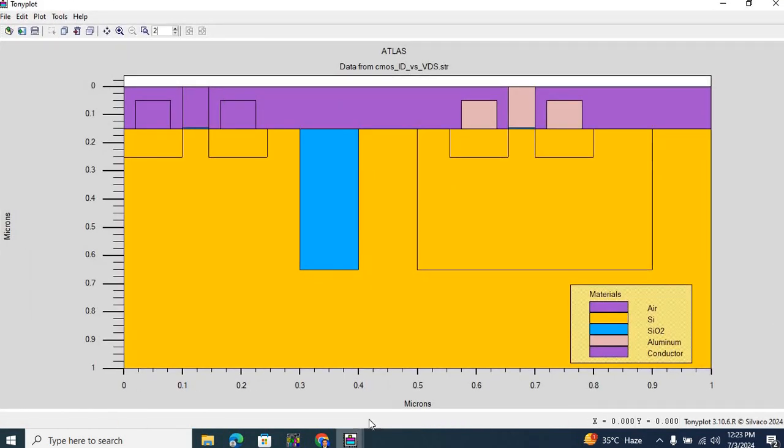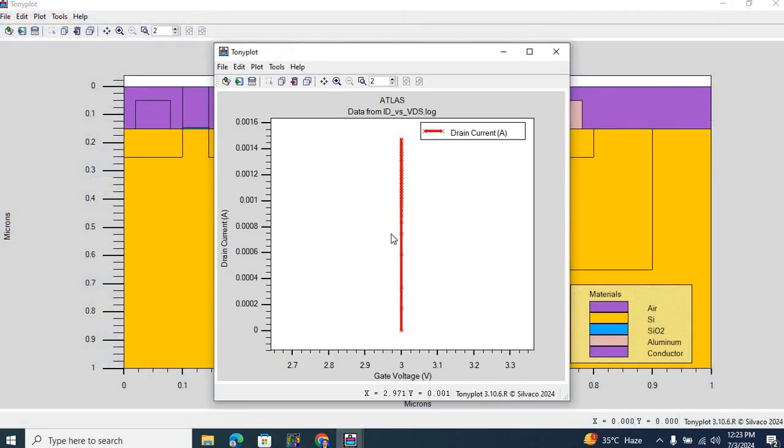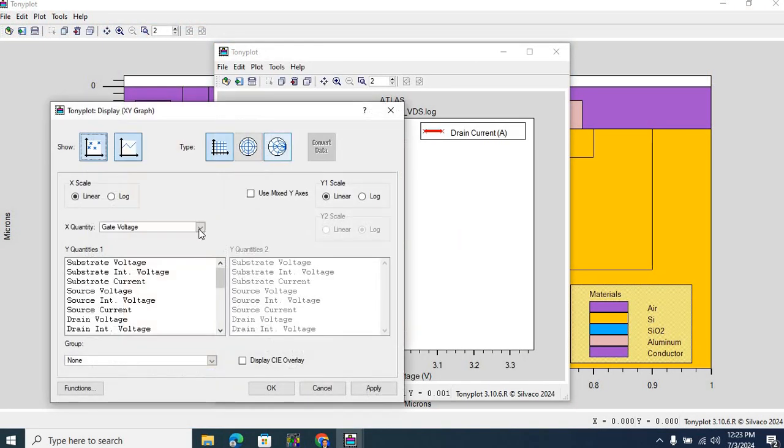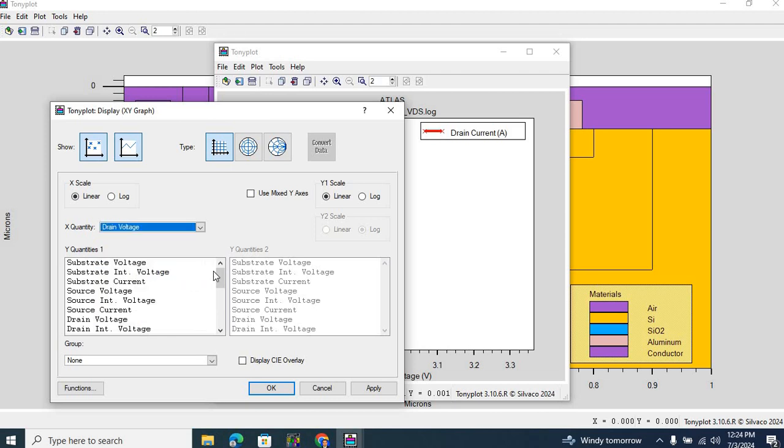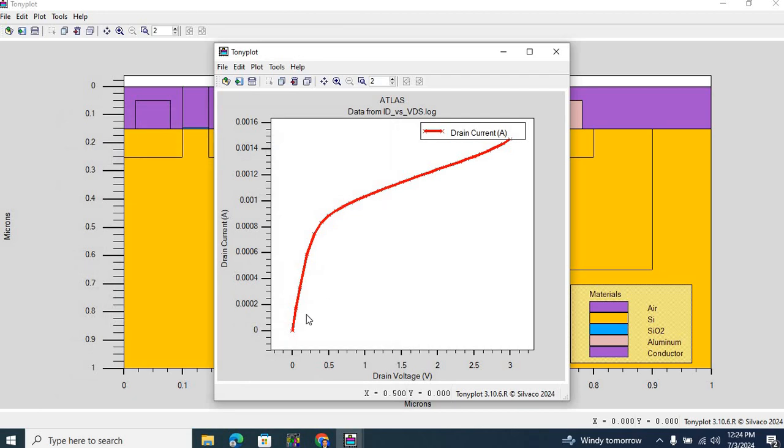Similarly, the ID versus VDS characteristics are also simulated at this point. So we want to look at drain current versus drain voltage, hit apply, and here is the ID versus VDS characteristics. The saturation point is approximately 0.4 volts, and you can see the curve.